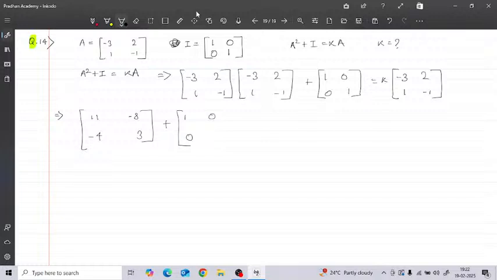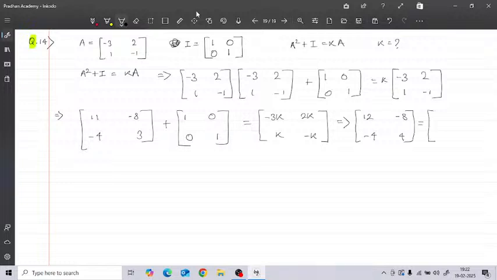Adding the identity 1 0 0 1, that equals minus 3k, 2k, k, minus k. While adding this we will get 12, minus 8, minus 4, plus 4, equals minus 3k, 2k, k, minus k. Okay, so by comparing the corresponding elements we will get that k is equal to 4.